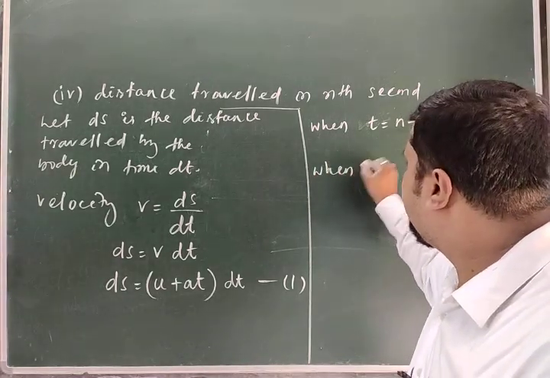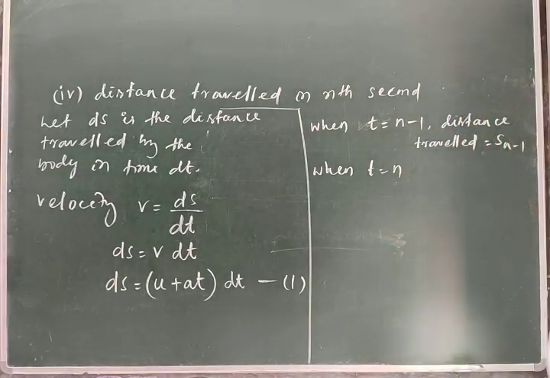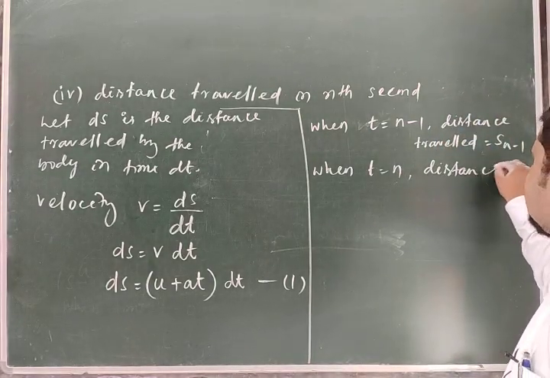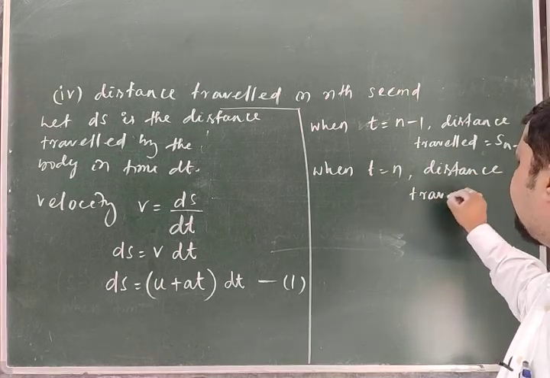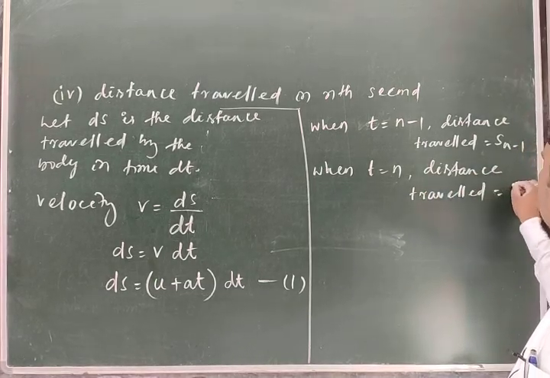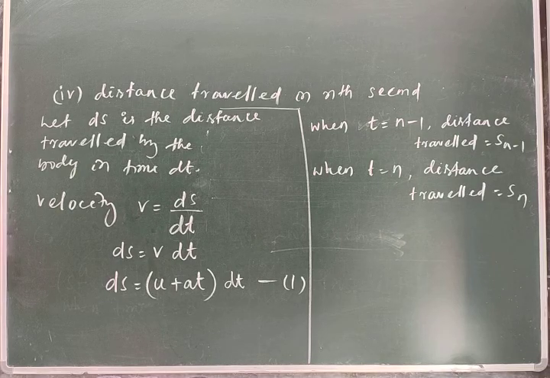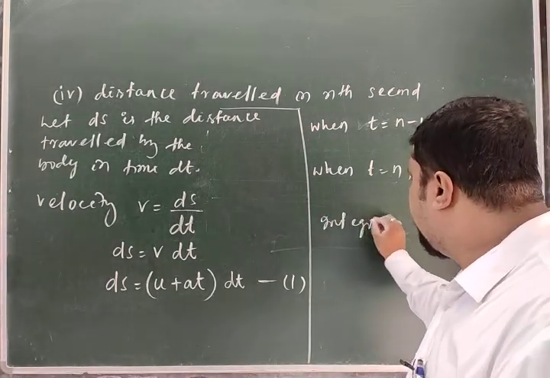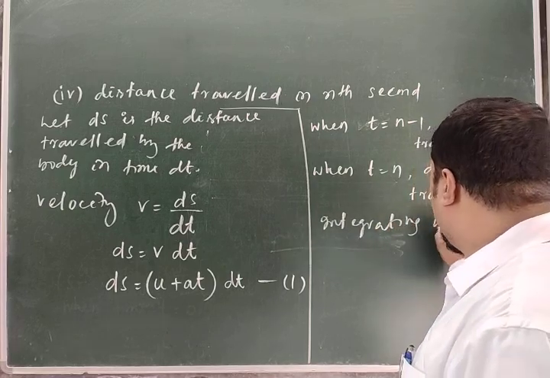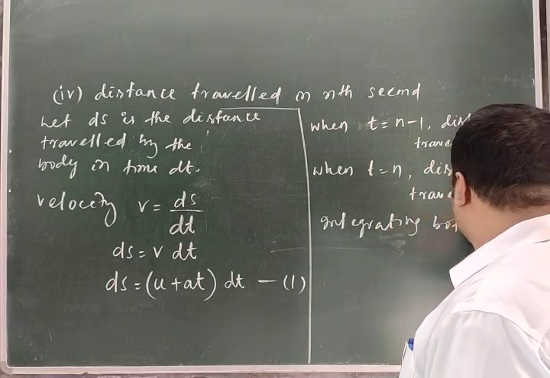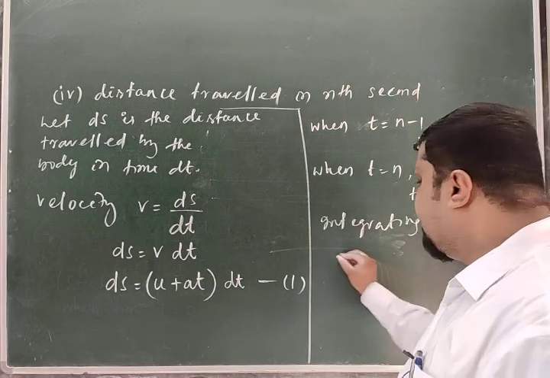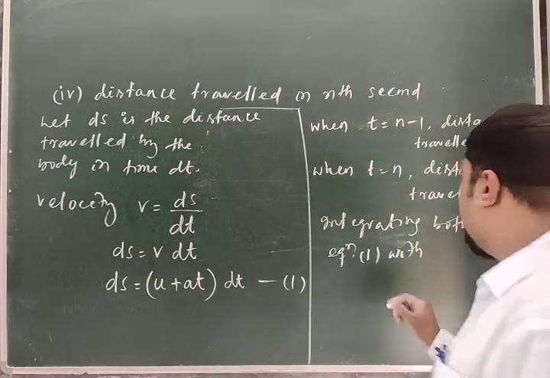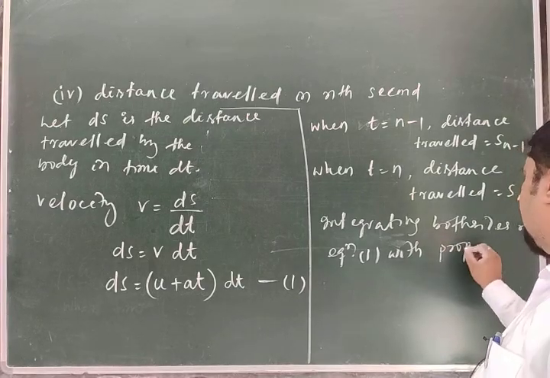When t is equal to n second, distance traveled, how much? Sn. Integrating both sides of equation 1 with proper limits.